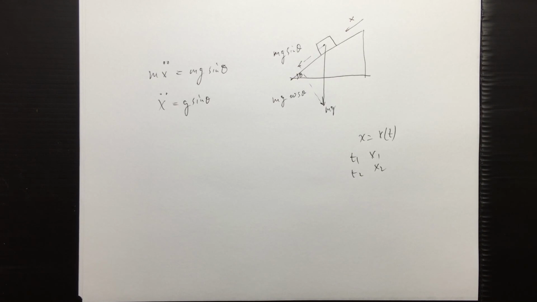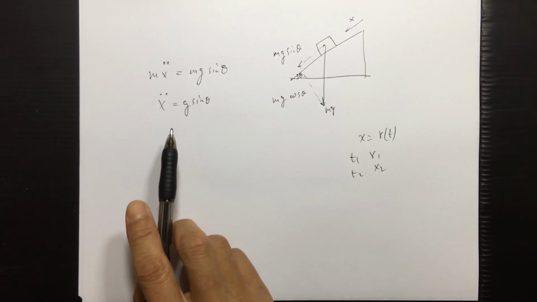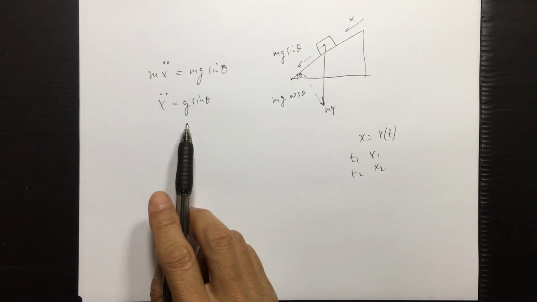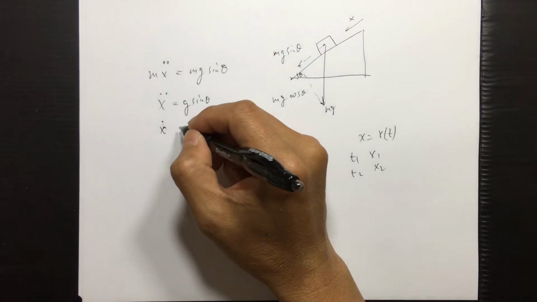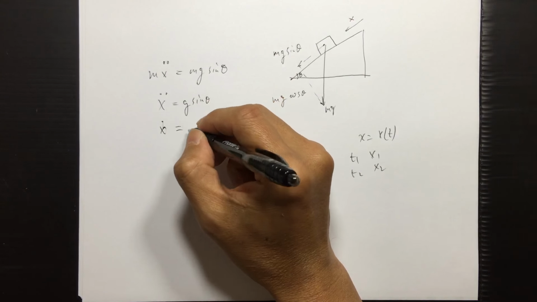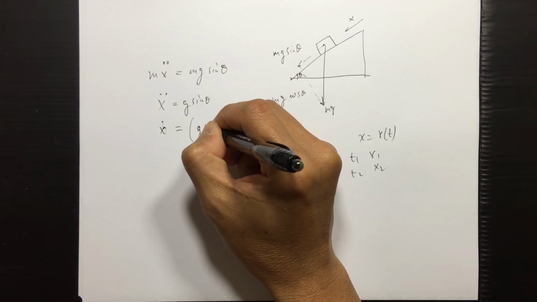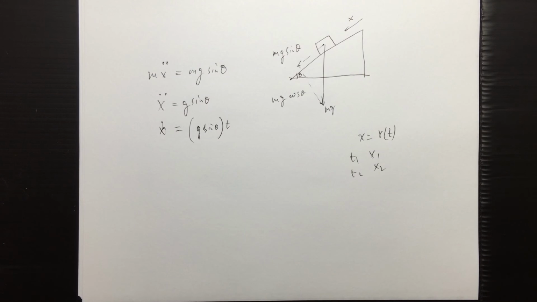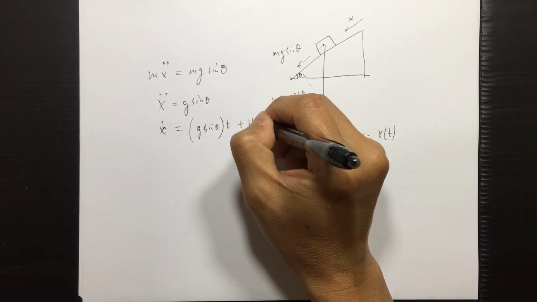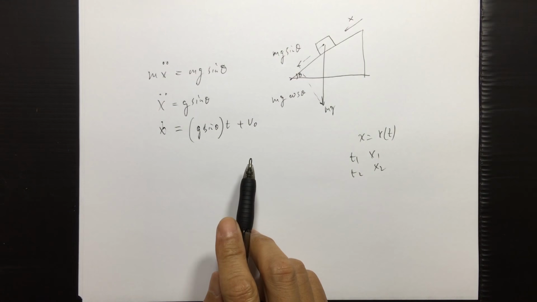Let me just help you out a little bit. When you look at this, you take an integral of this, it becomes x dot equals g sine theta t plus v0. This is some kind of velocity, one constant.